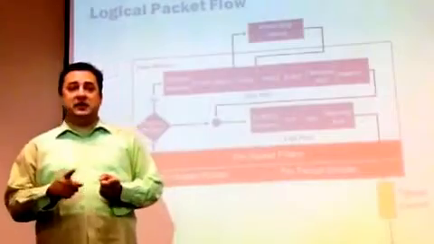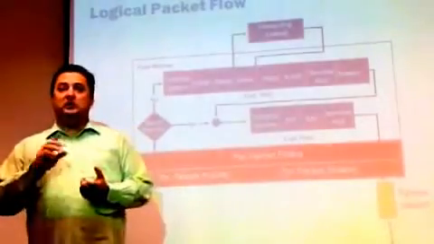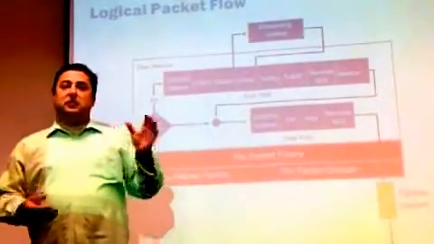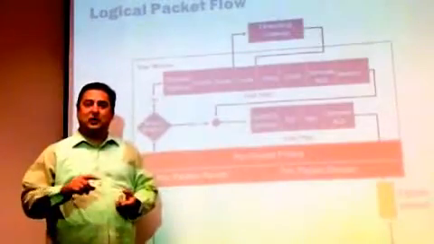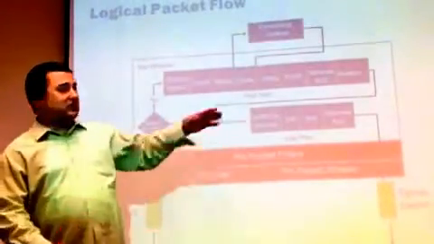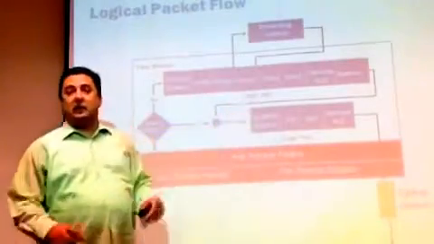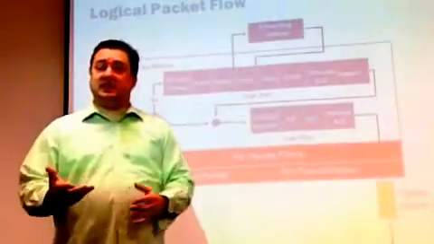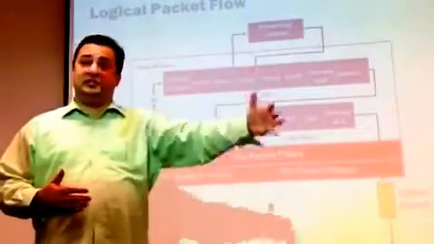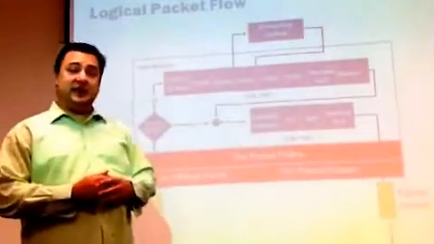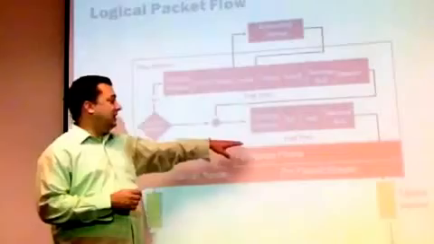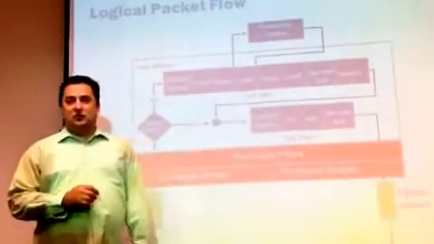So our packet, when it comes in, could be the first packet, or it could be one of many. If it's the very first one, it will take the upper path. Sometimes I'll call that the long path. Here in this particular diagram, it calls it the first path. You'll see it's a little more involved. However, if the packet comes in and it's already existing, it's already had a communication established, and maybe this is just another piece of that data stream, then it may fall into the fast path. Well, how do I know that?